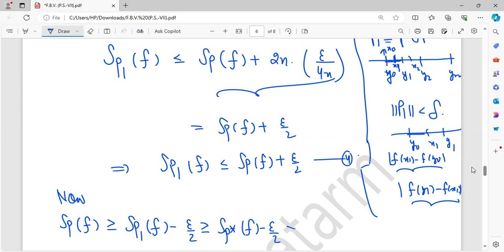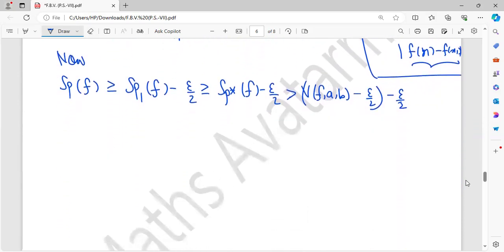So this implies S_P f is greater than V_f[a,b] minus epsilon. Okay.